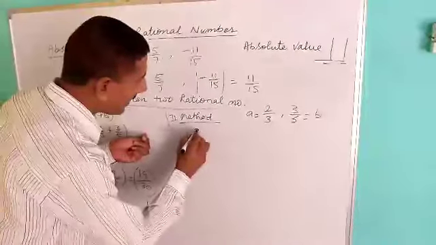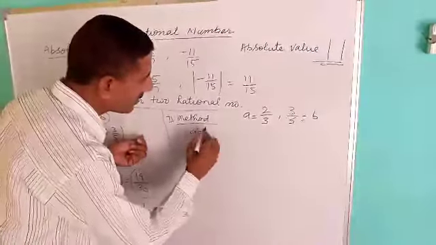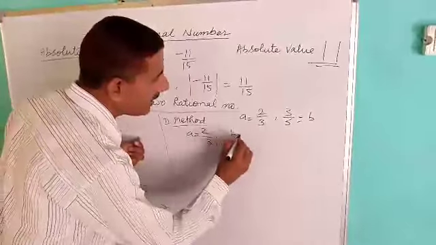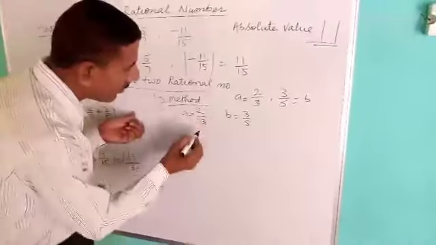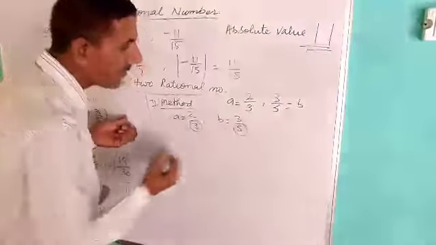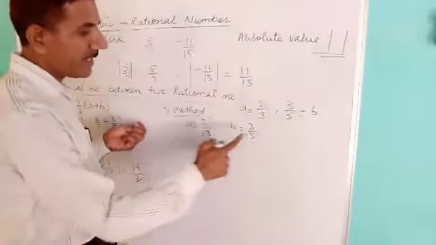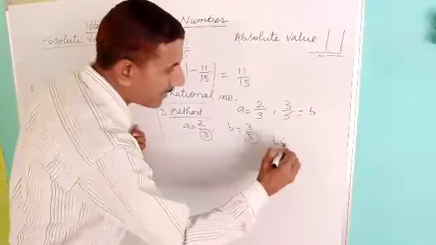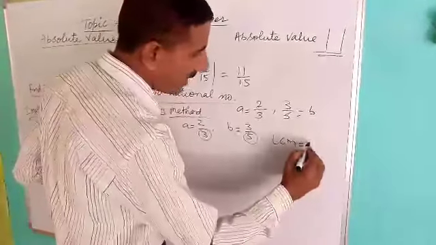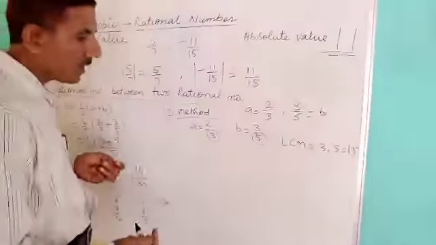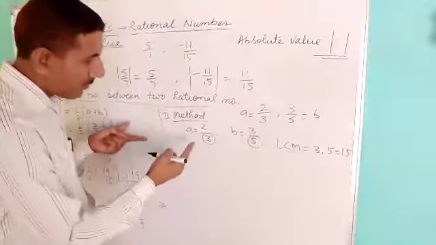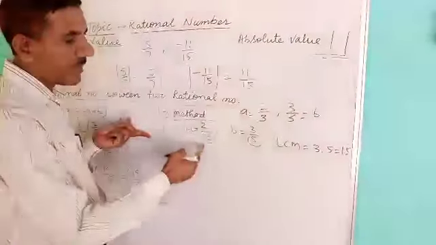The number a equal to 2 by 3 and b equal to 3 by 5. We have seen that both the rational numbers have different denominators, here 3 and 5. So take the LCM of 3 and 5, which is equal to 15. Now we make the equivalent form of a and b.